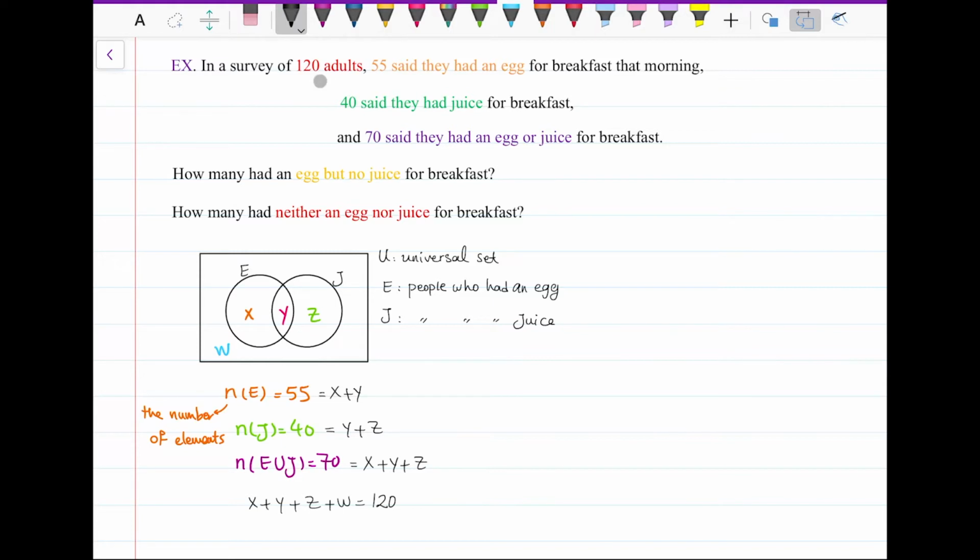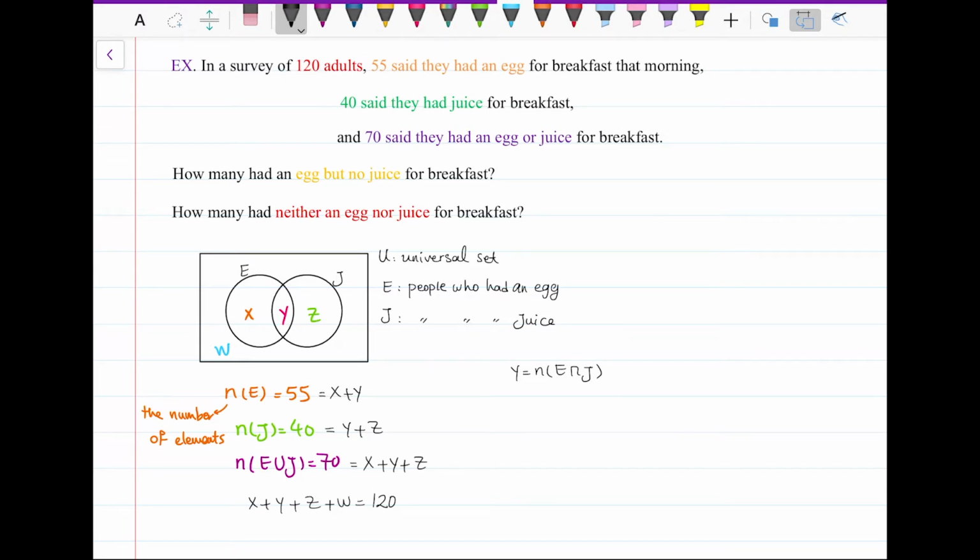Now let's figure out x, y, and z. Let me start with something very small. I'm going to start with y. I want to figure out what y is. So y is N of E intersection with J, right?